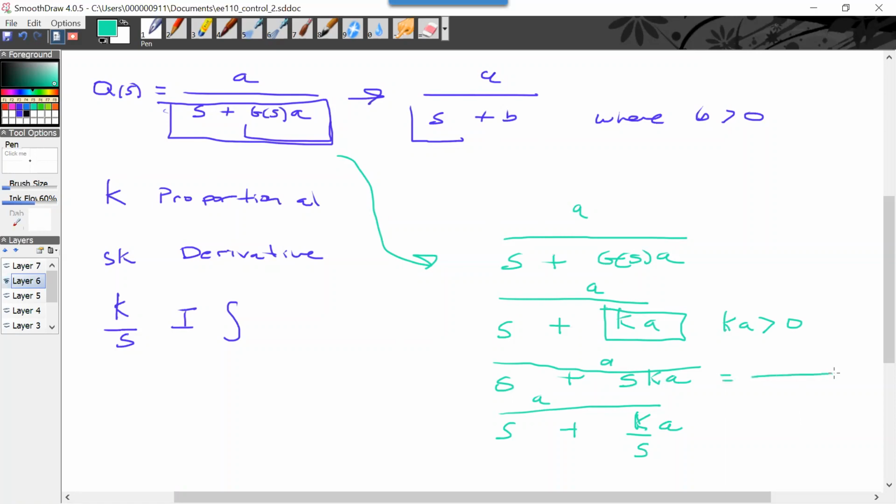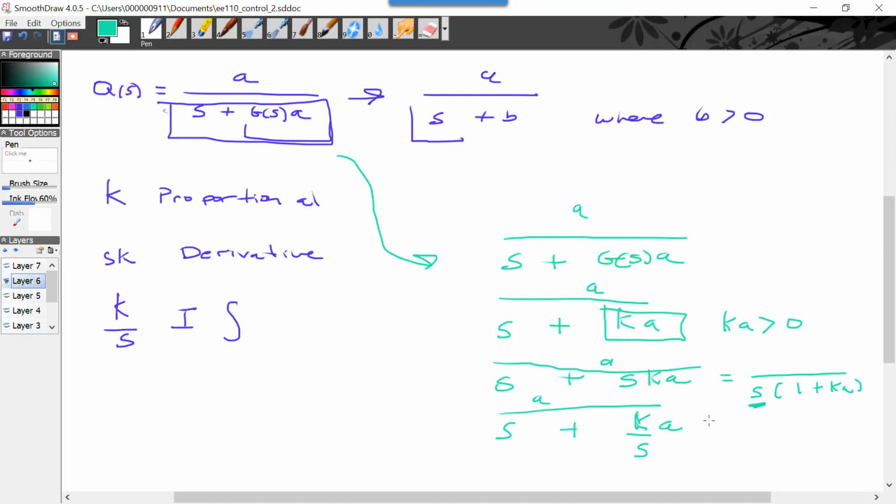Well, that's really S times 1 plus KA. And so that will always be 0. I can make this negative. I can make it positive. I can even make it 0. But this S will always be there. There will always be a pole at 0. So therefore, you can never make this system in control with derivative feedback.